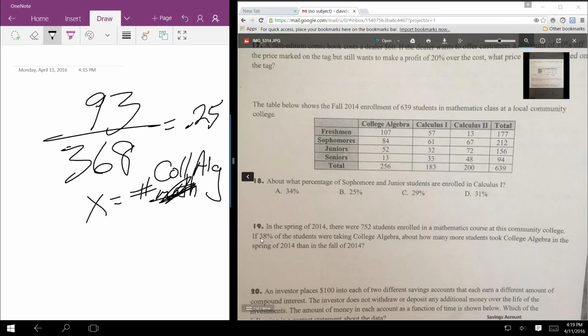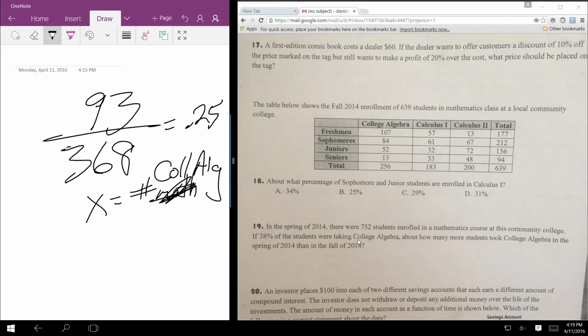Well, start with the second sentence. If 38% of the students were taking college algebra, they tell you how many students there were, 752. So let's figure out how many students out of 752 were taking college algebra. So what's that going to be equal to? X over 752. It's simpler than that. 752 times what? 0.38. Yeah.